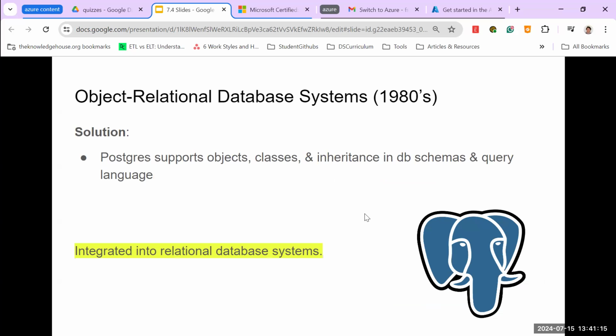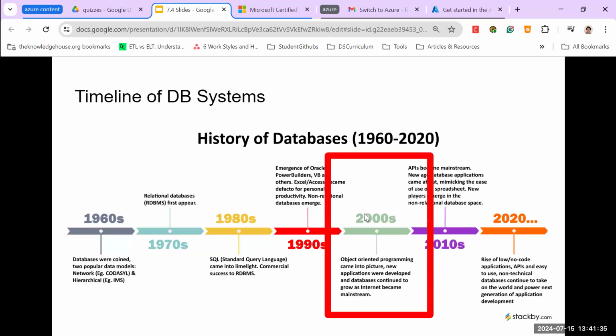However, the solution to this is that object-oriented programming was basically implemented into SQL. Essentially, these days, SQL solutions all support objects, classes, and inheritance in database schemas and query language. Essentially, it was integrated into the relational database system.